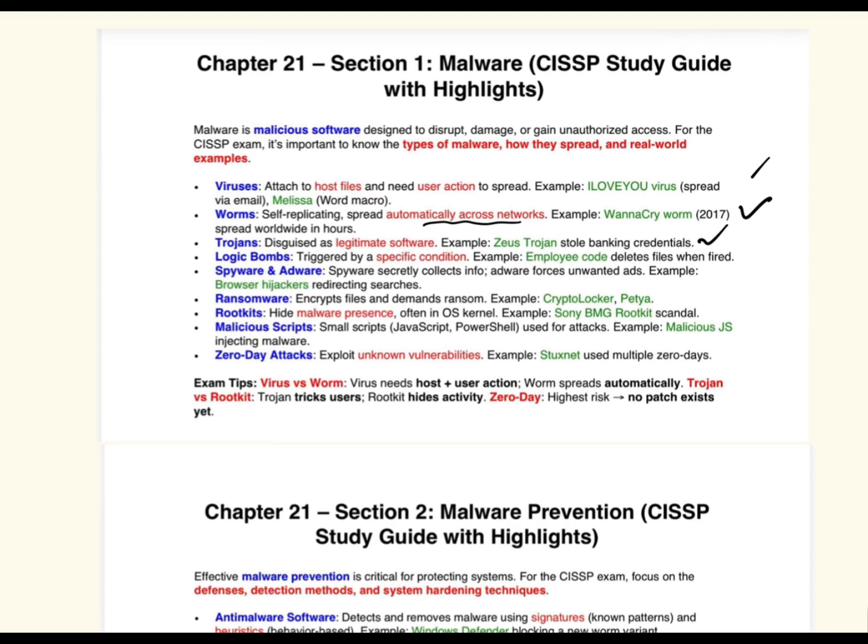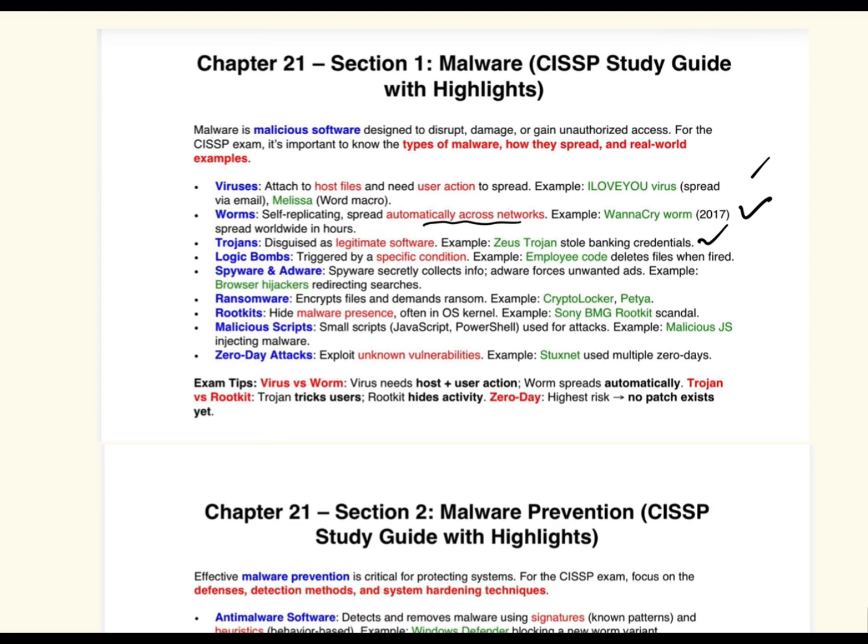Again, with viruses, user action is needed to spread, and they attach to a host file. When the user tries to open the infected host file, it can create an impact. Worms are self-replicating, without user intervention.